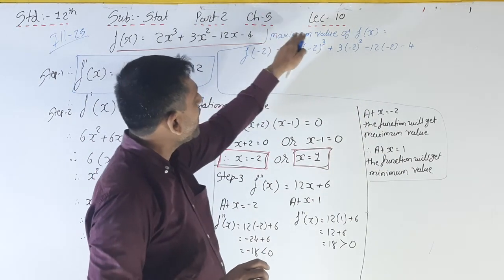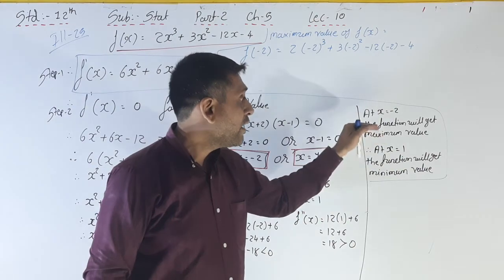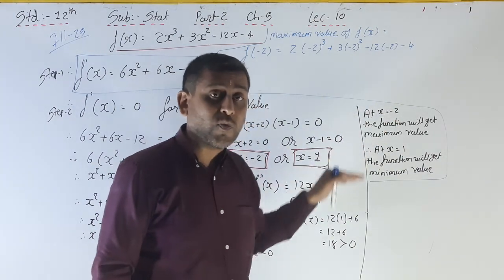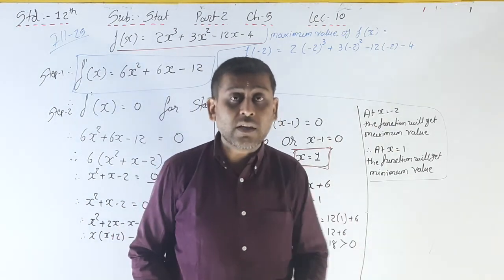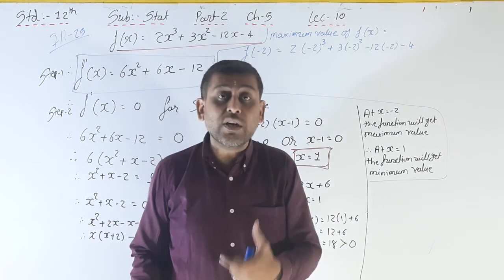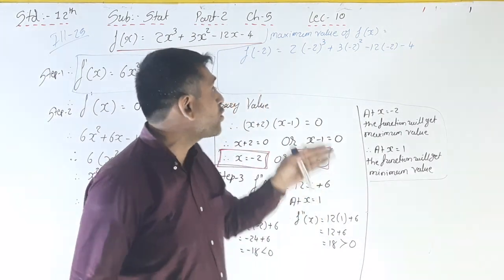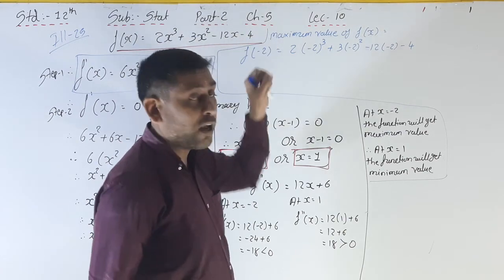So I am finding out now the maximum value of the function. Here we just found at which point, that is what is the value of x. And now we are finding the original maximum value of the function by putting x equal to -2 into the original function.